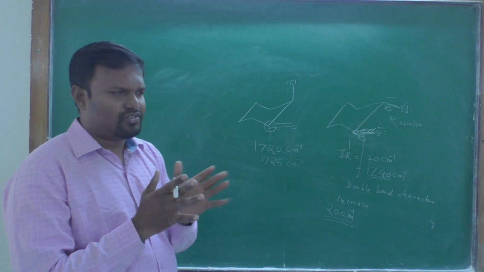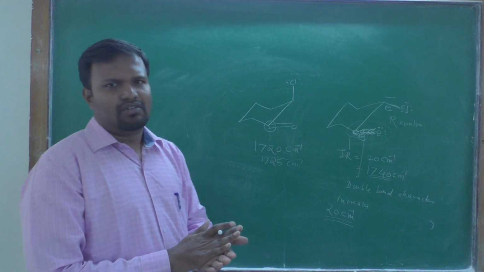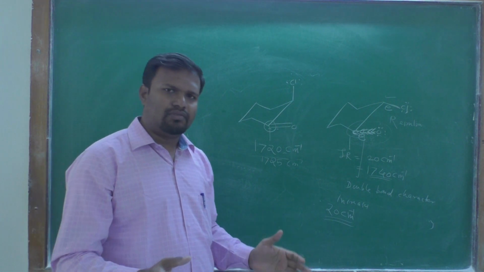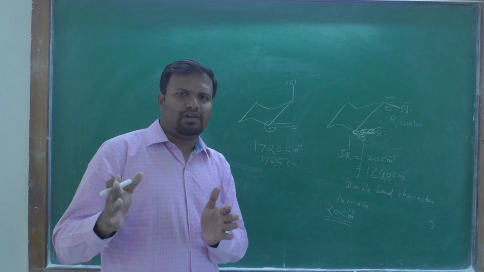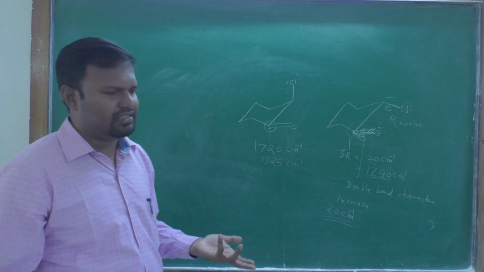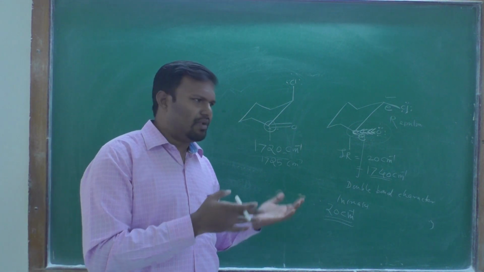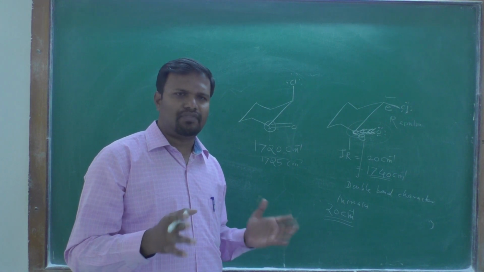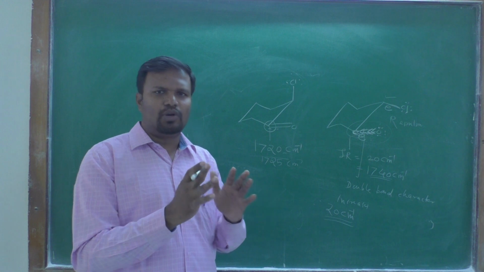The strength of the bond increases, it requires higher energy for vibration. It is like if you pull 50 kilo weight, you can easily pull it, but 100 kilogram weight is difficult to pull.